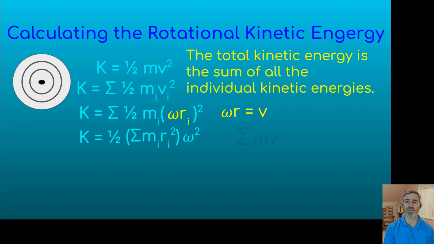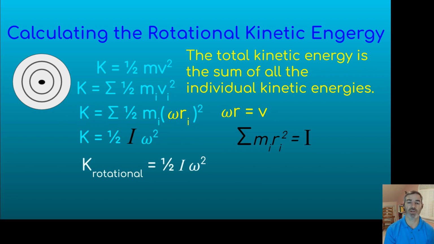And we've seen this term before, the sum of the individual mass times the individual radii squared. We saw that in our rotational inertia or moment of inertia video. In fact, the sum of those is the rotational inertia or moment of inertia. So our rotational kinetic energy is equal to 1/2 I omega squared, where I is the rotational inertia or moment of inertia of each individual object.